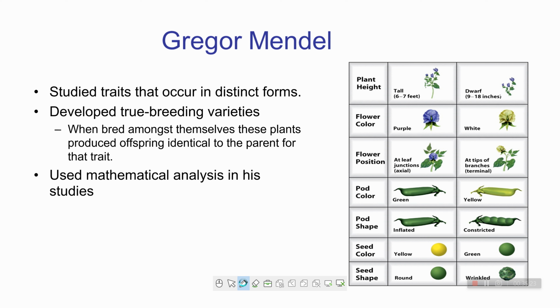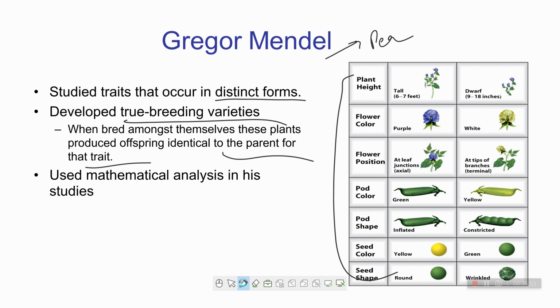He studied traits that occur in a distinct form and developed true breeding varieties. When bred amongst themselves, these plants produce offspring identical to the parent for that trait. He used mathematical analysis in the study. He studied the pea plant, Pisum sativum, and selected 7 characteristics: 1, 2, 3, 4, 5, 6, 7.